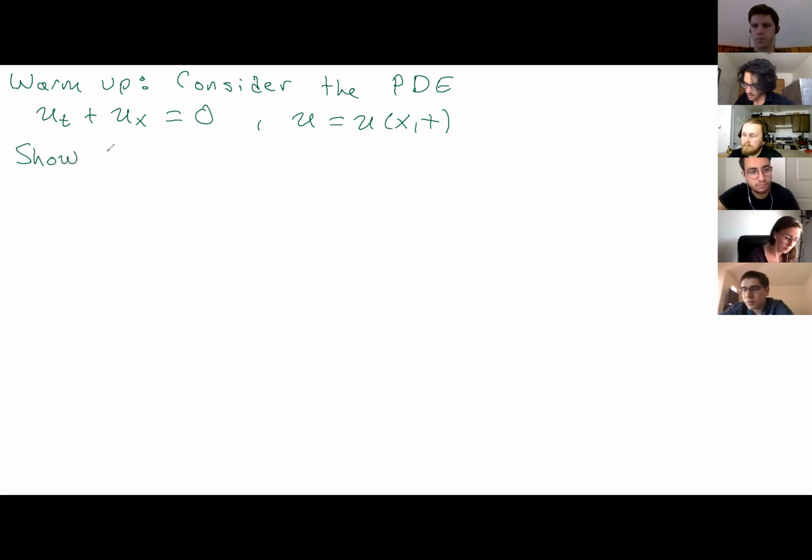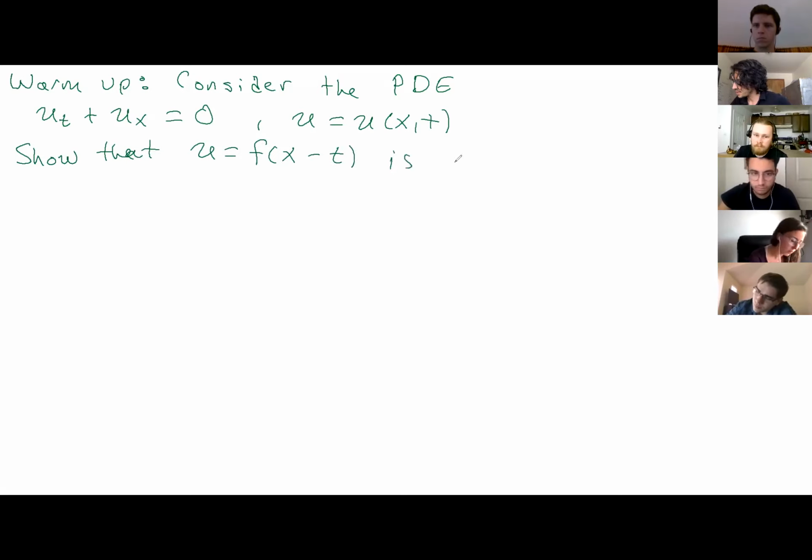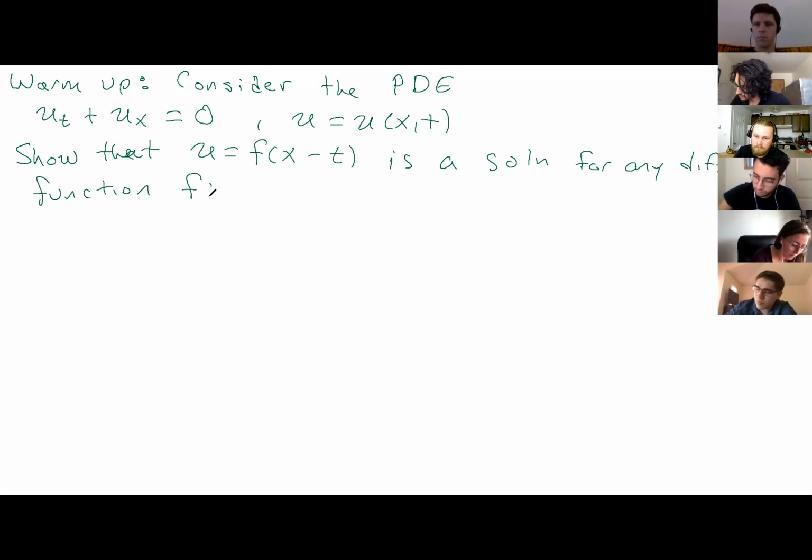And I want you to show that u equals f of x minus t is a solution for any differentiable function f that maps the real numbers to the real numbers.